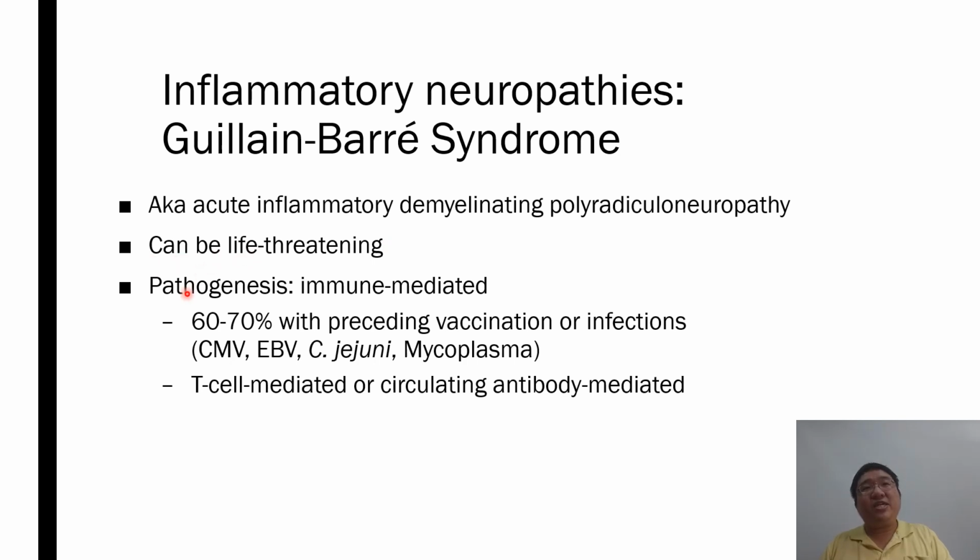The pathogenesis is immune-mediated. The typical history is a previous history of vaccination or infection. Any infection, any vaccination can be the predisposing factor for this condition. So 60 to 70% of the patients report a recent history of vaccination or infection.